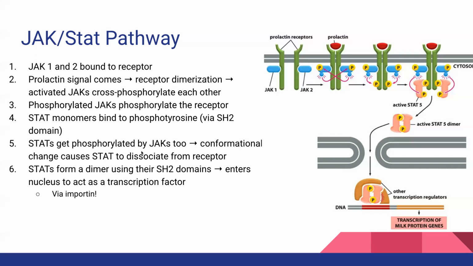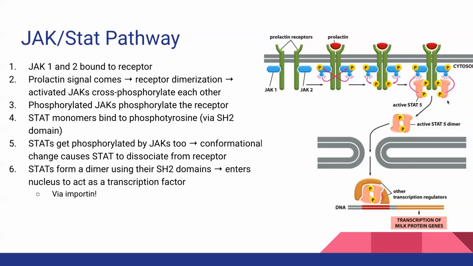And then after we get phosphorylation of that receptor, STAT5 binds to the receptors. They have an SH2 domain so that they bind through it. And then after binding to the receptors, JAK1 and JAK2 are also going to phosphorylate the STAT5s.